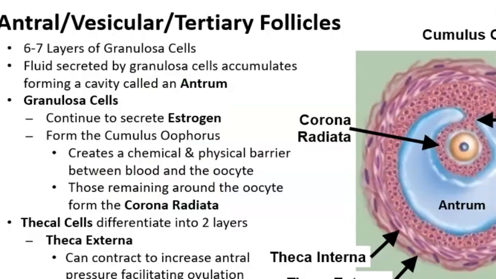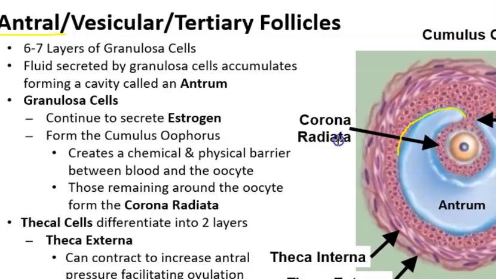Okay, now let's progress on to the tertiary follicle. The tertiary follicle has 6 to 7 layers of granulosa cells, plus then layers of thecal cells on the outside. So the reason that this tertiary follicle is called tertiary or antral is because it's designated as such because of the presence of an antrum.